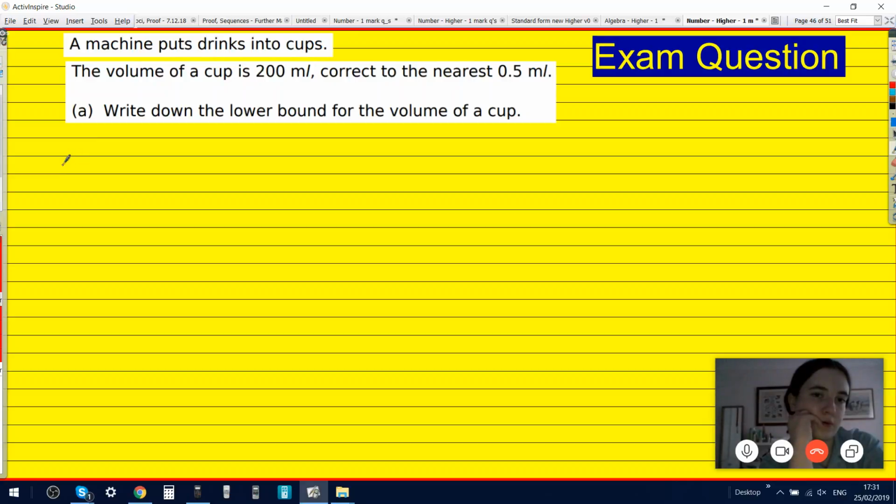No. 200 and no, 150. The degree of accuracy is 0.5, and so that's the thing that you are halving and doing plus or minus.